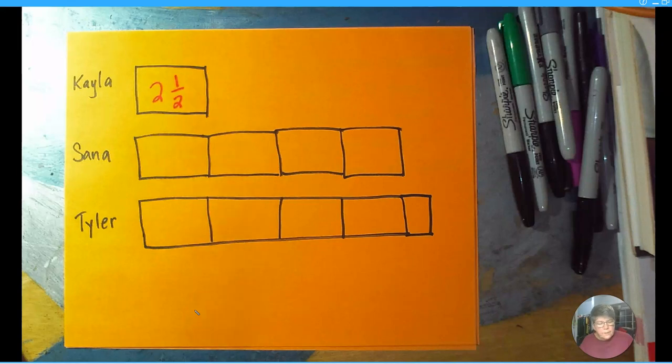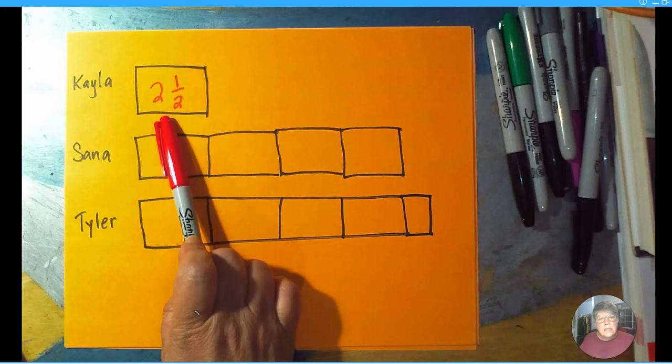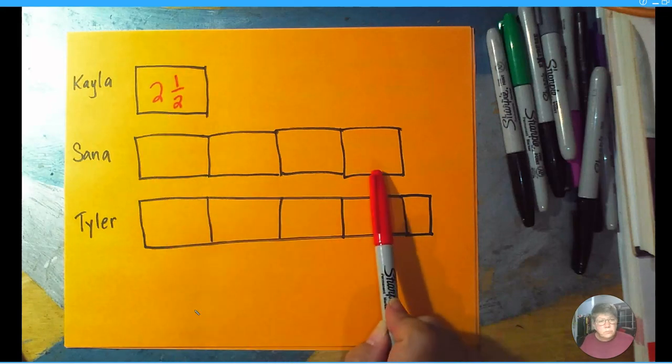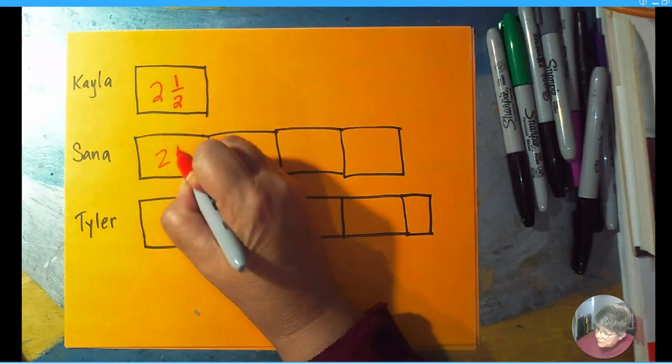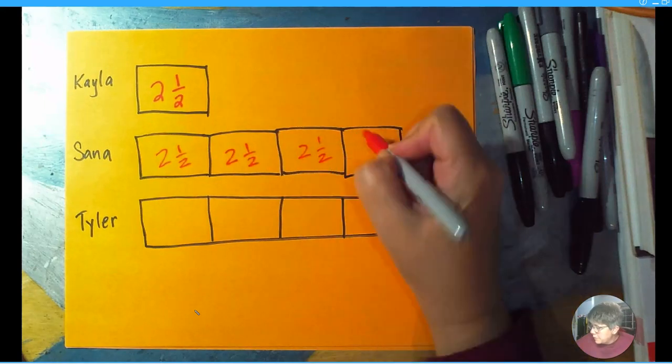Okay, so let's think about what word problems this could represent. What if Kayla rode her bike for 2.5 miles and Sana rode her bike 4 times as much as Kayla? And I want to go ahead and put our 2.5s in here just so that we can see, right? Each of those is 2.5.